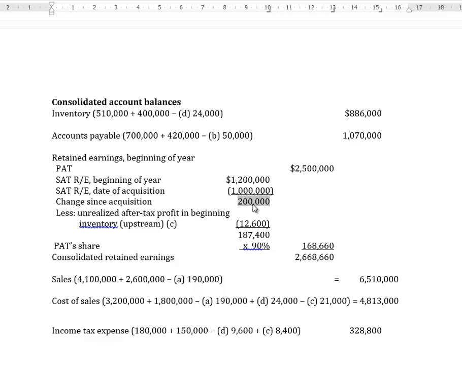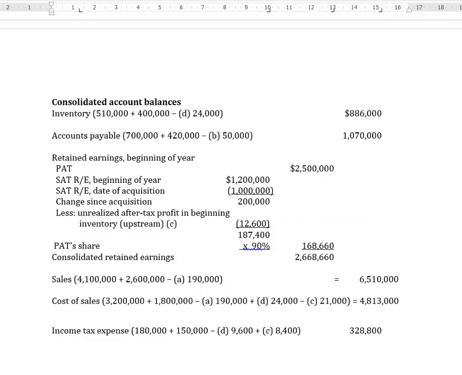In that post-acquisition retained earnings, don't forget, the sub booked an after-tax gain of $12,600 in year 2. Well, that doesn't get recognized until year 3. We're calculating a beginning of year 3 balance. So guess what? That has to come out of the retained earnings balance.